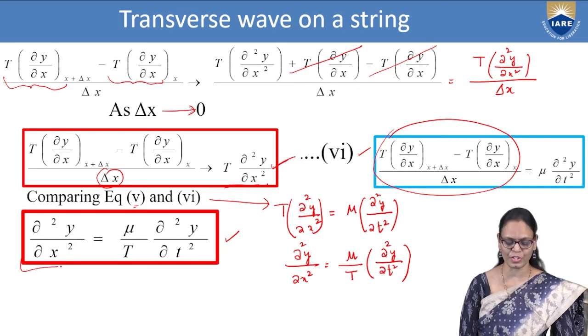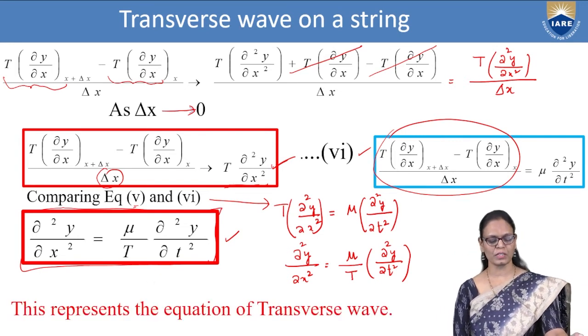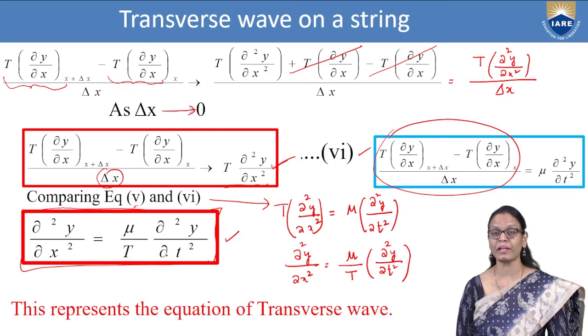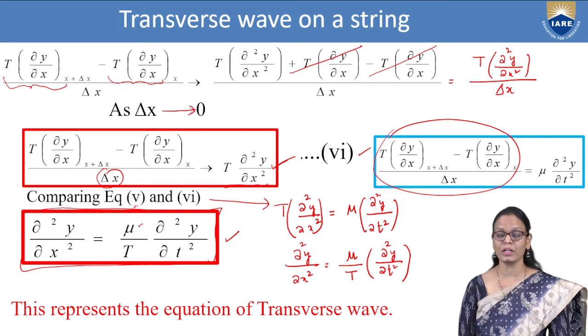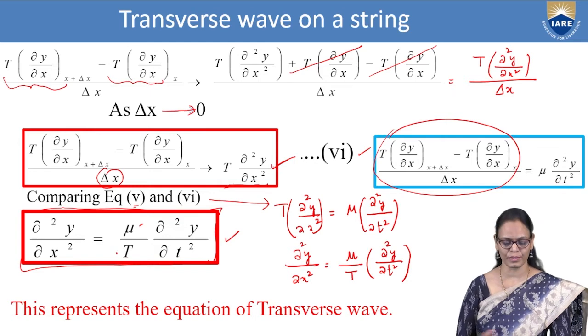This is the expression we get for a transverse wave. What is μ here? μ is the mass per unit length and capital T is the tension in the string.